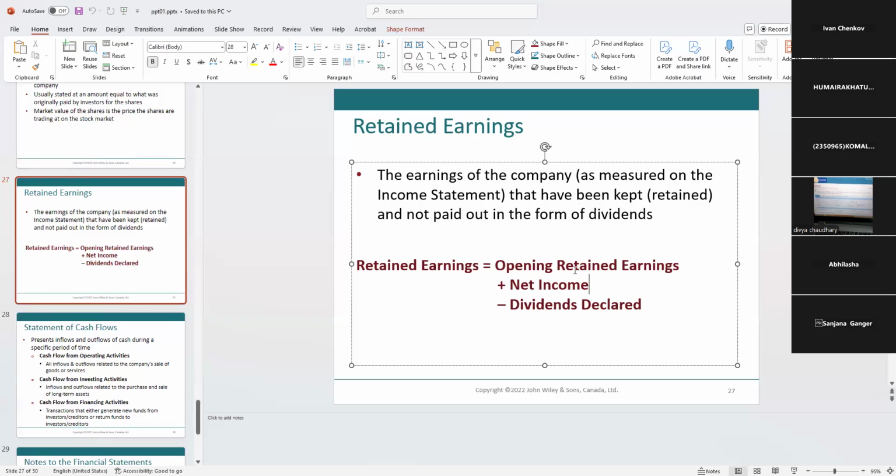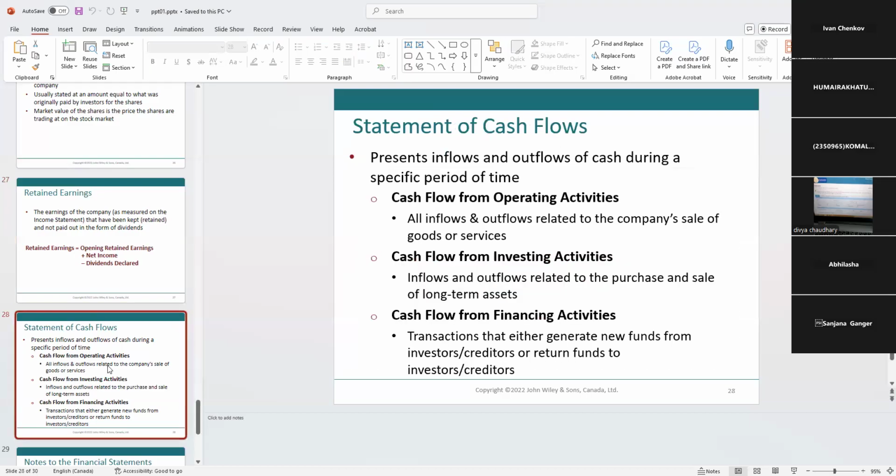Then you have to add the retained earnings from the previous year, or the opening balance, and deduct the dividend that has been declared during the year. So net income is a simple calculation, revenue minus expenses, whereas retained earnings is a little bit more complex calculation, which also includes the net income. Be careful what you have to do.